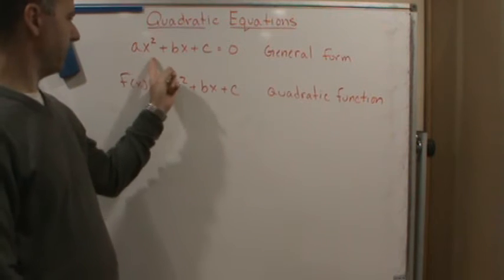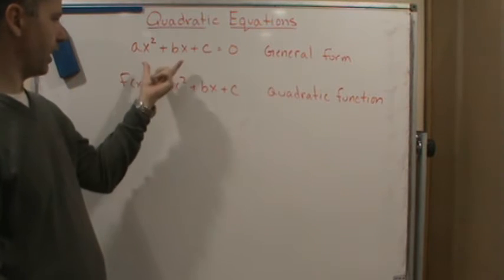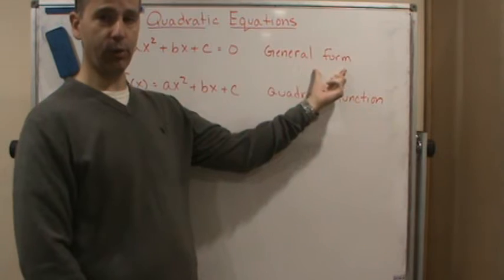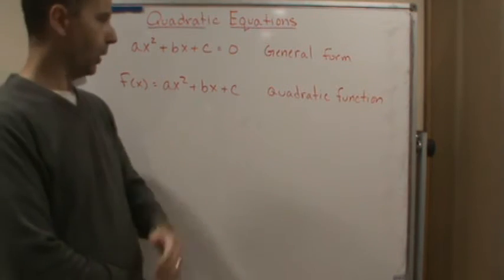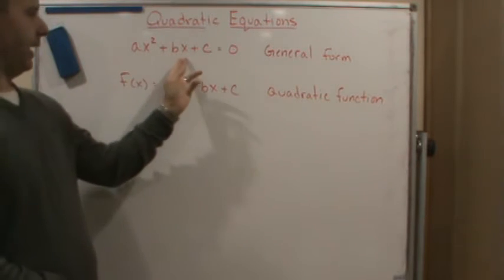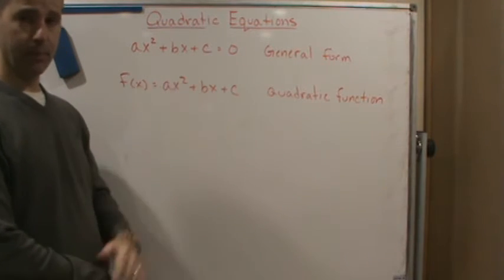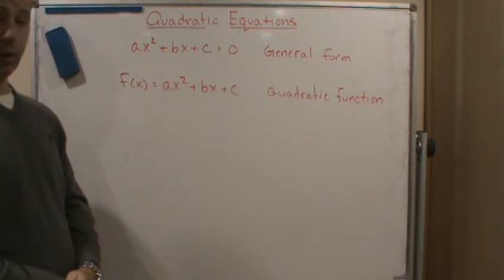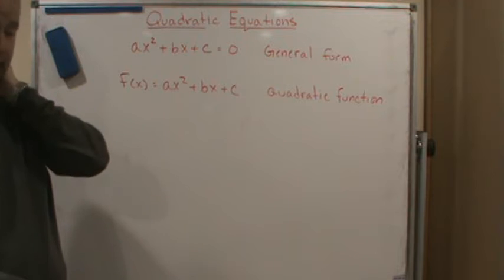So if you have this, this is what we call a quadratic equation. It's got a quadratic expression on one side, 0 on the other. This is called the general form of the quadratic equation. Also, any expression that can be simplified into something that looks like this is called a quadratic expression in x, or a quadratic equation in x.